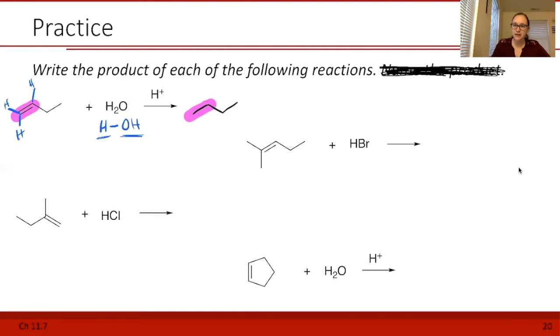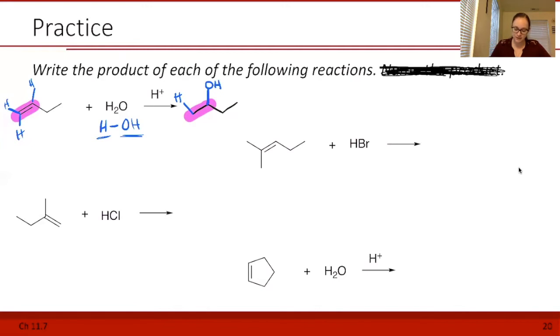Okay, so it looks like the left side has more hydrogens, so that's where my hydrogen is going to end up. And then I'm going to put my OH hydroxyl group on the other side of that highlighted double bond. Okay, so that's our first one. We added HOH, and we're putting the OH on the side with less hydrogens, the H on the side with more hydrogens.